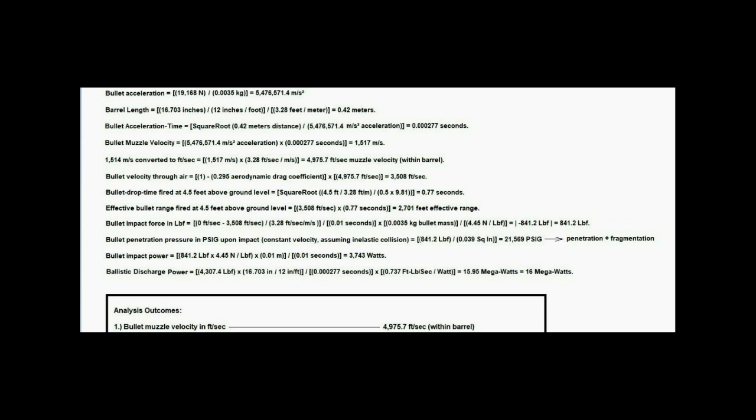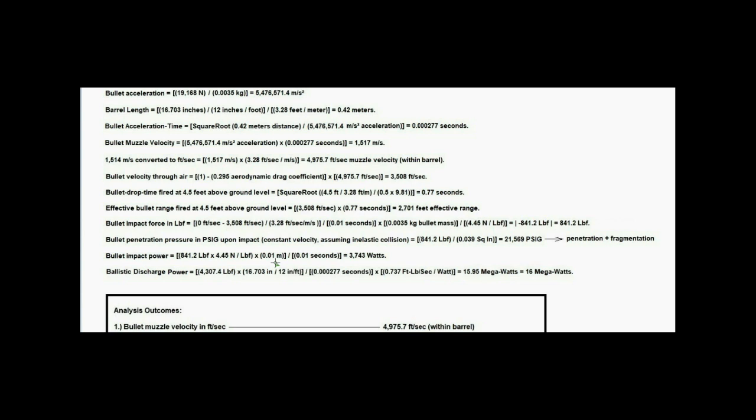The bullet collision impact power, assuming an inelastic collision as in the previous calculation, as in the bullet does not ricochet but goes one way and penetrates, is the pounds force multiplied by the instantaneous distance. That would be theoretically 0 or close to 0.